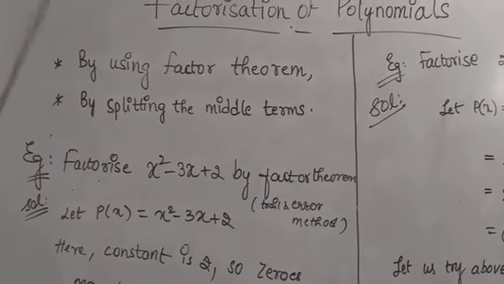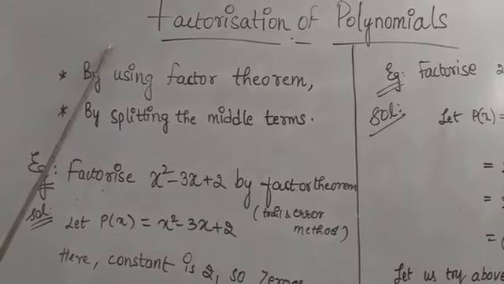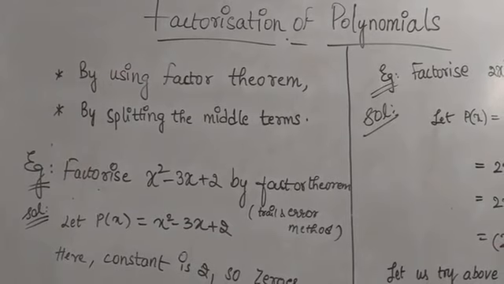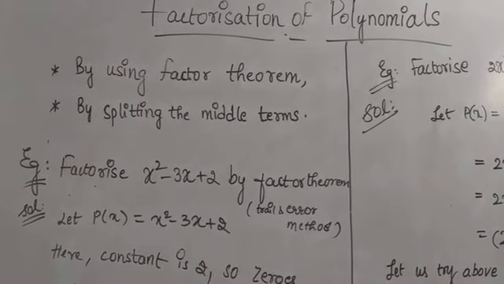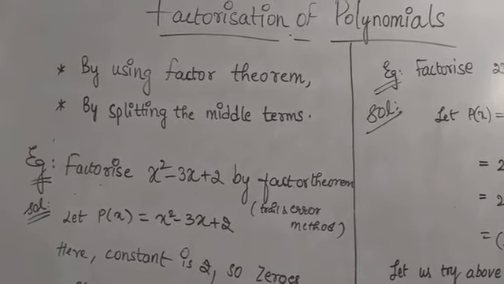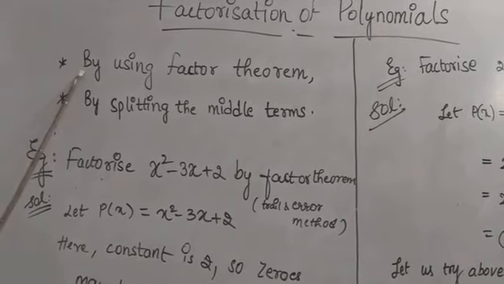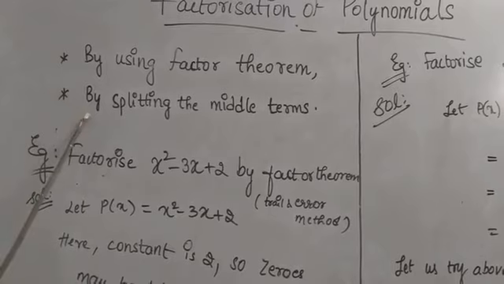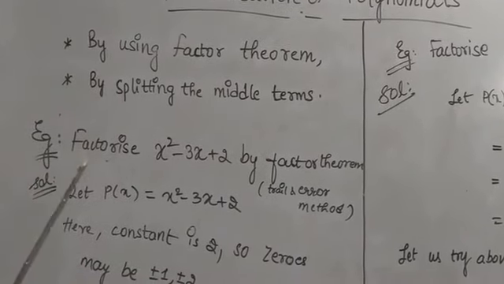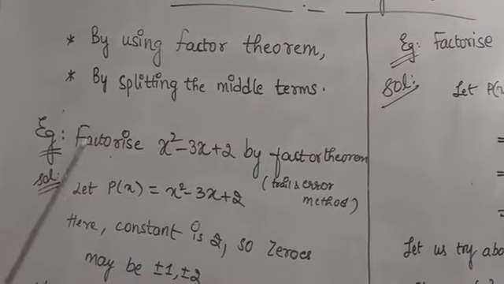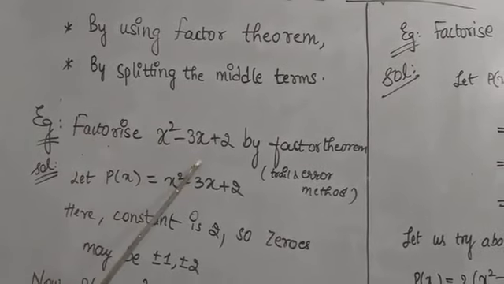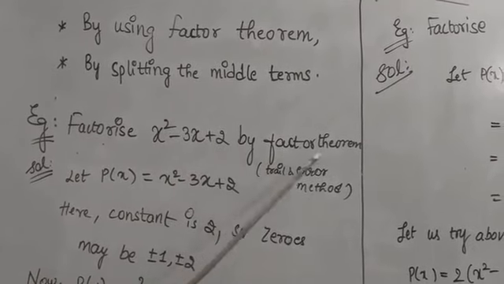An important application of the remainder theorem and factor theorem is factorization of polynomials. Let us observe some problems based on this. How can we factorize given polynomials? Either by using the factor theorem or by splitting the middle terms. Let us observe some examples. Factorize x square minus 3x plus 2 by the factor theorem.